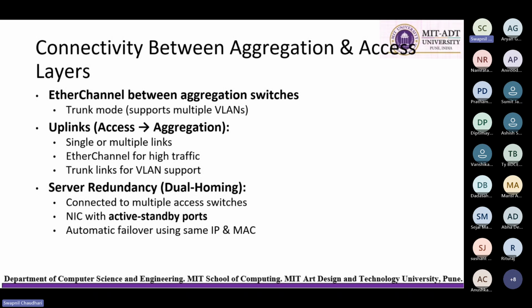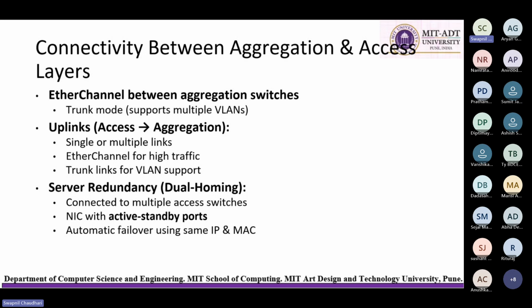Okay. Now, what is the meaning of uplink? That is access to the aggregation switches. Let's look at the connection from access switches to the aggregation switches. These are called uplinks.